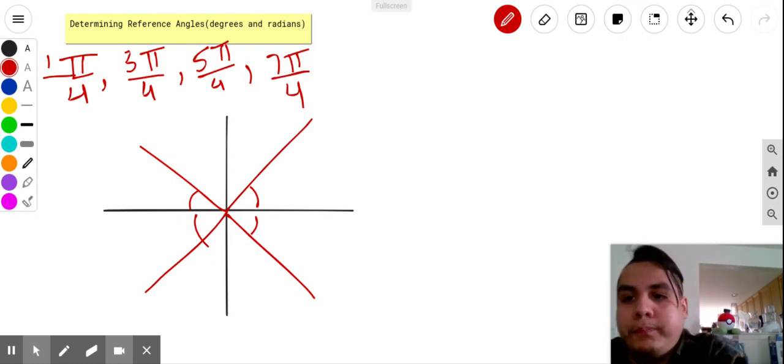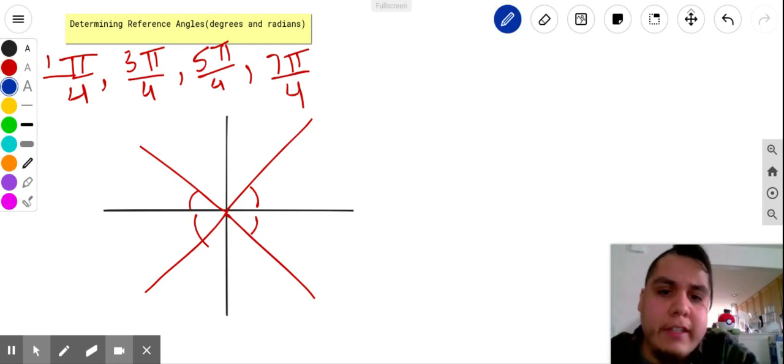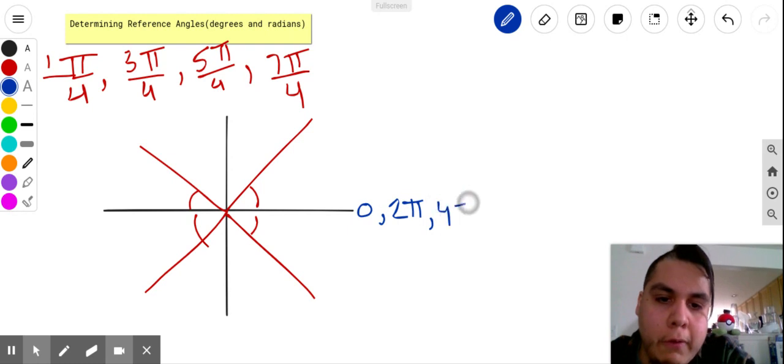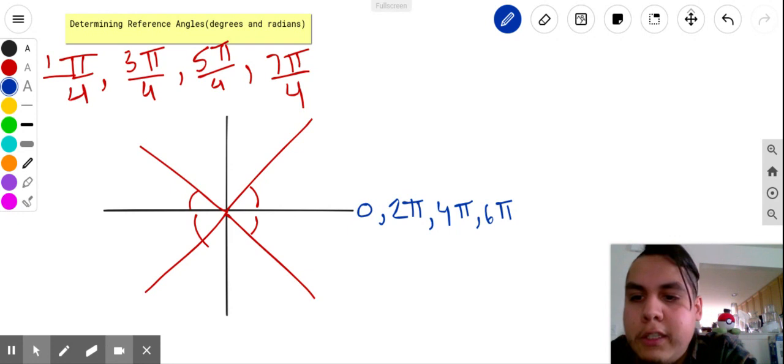Because, again, it all comes down to the x-axis, right? This could be 0. I could call this 2 pi. I could call it 4 pi. I could call it 6 pi, whatever, right? It's all about completing the rotations. This over here is pi. It could be 3 pi. It could be 5 pi. It could be 7 pi, whatever.